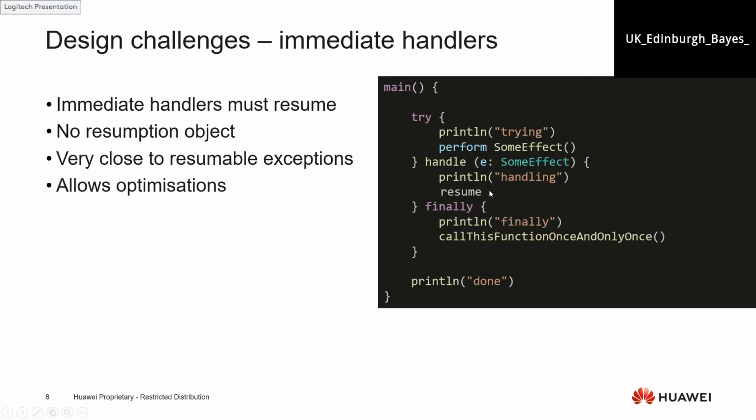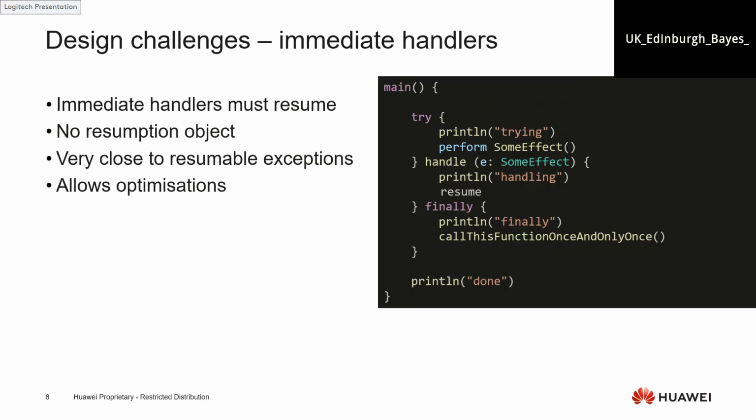You can also still specify a value to be returned when perform returns here, but otherwise, it's just implicit. You must do it on all code paths. This is statically enforced. At this point, what you have is essentially resumable exceptions.